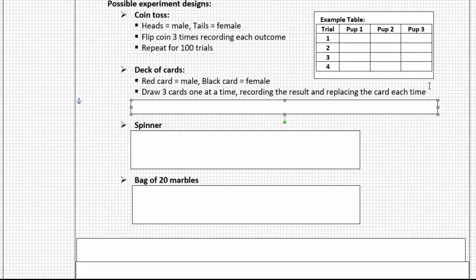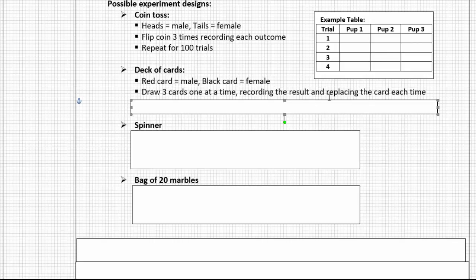To make sure the probability stays 50-50, with half of the deck for males and half for females, each time we draw a card, let's say the first is black, so we'd say okay, female, and then we put that card back and shuffle it up. Then we draw a second card, record that one, put it back, draw another card, put it back, shuffling throughout, right?